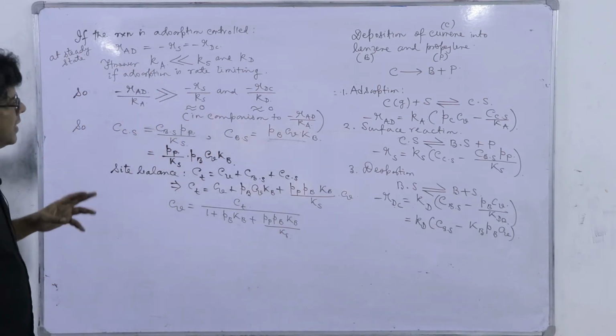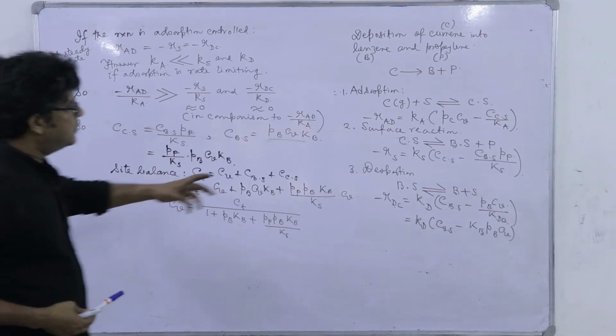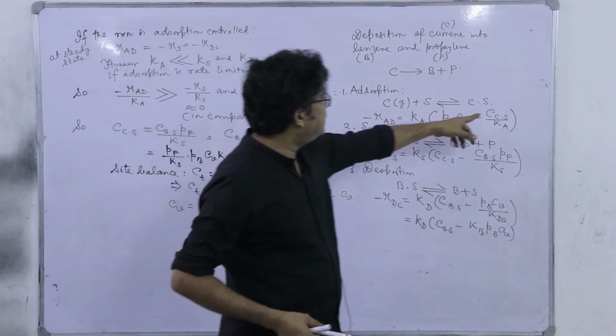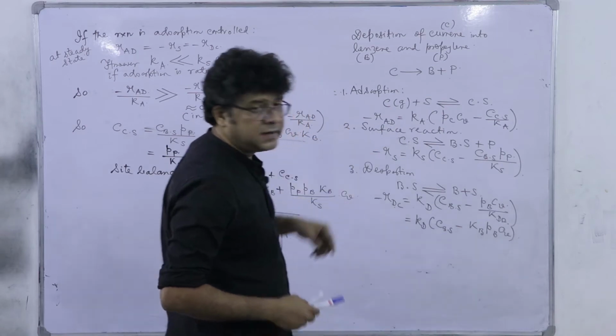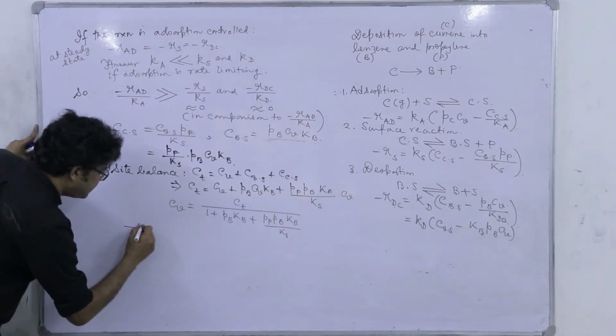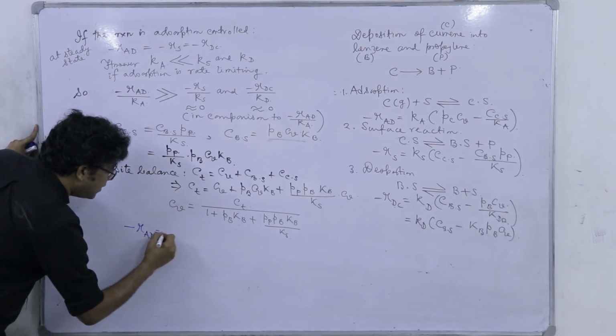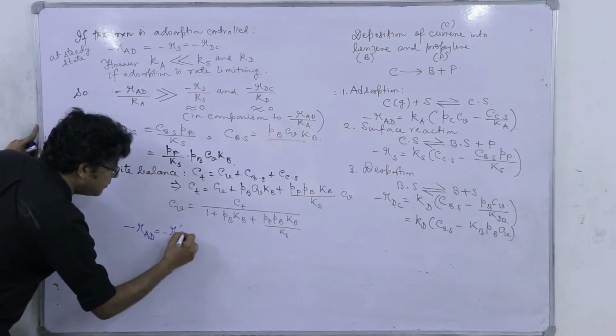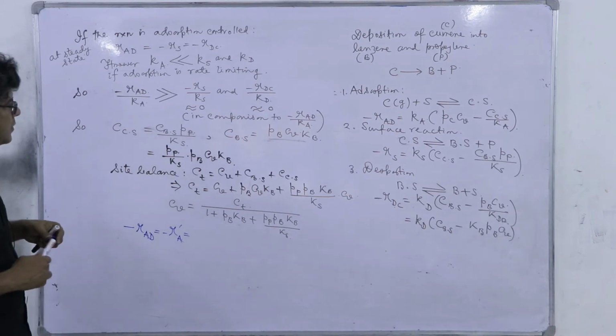So, we have to get the Cv expression and Cc·S expression in order to get this rate of adsorption. So, minus of RAD, which will be now equal to minus of Ra prime, right.